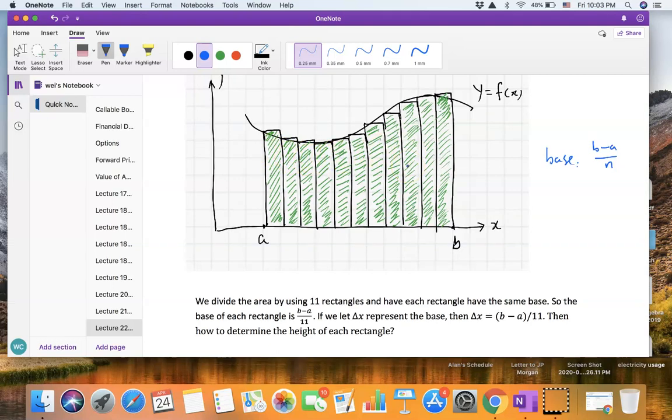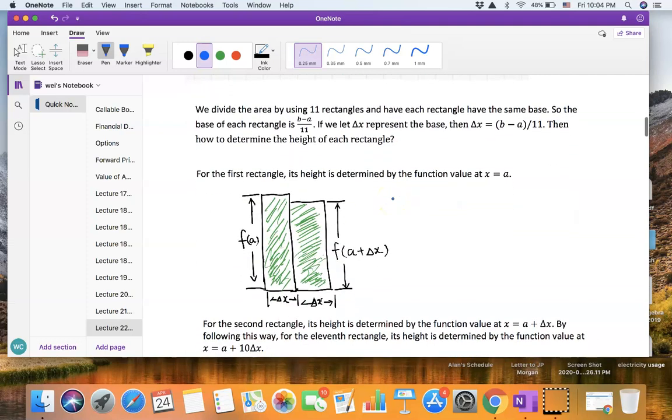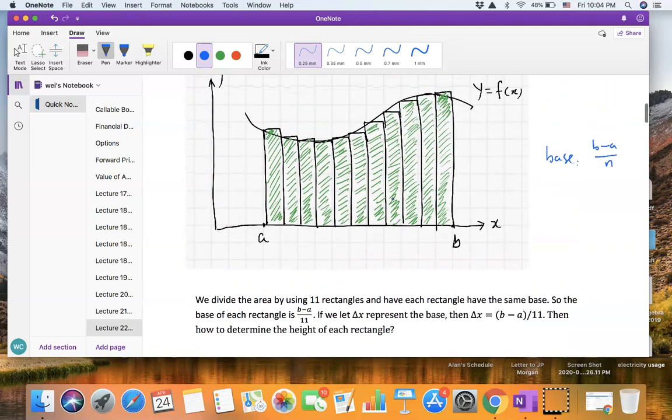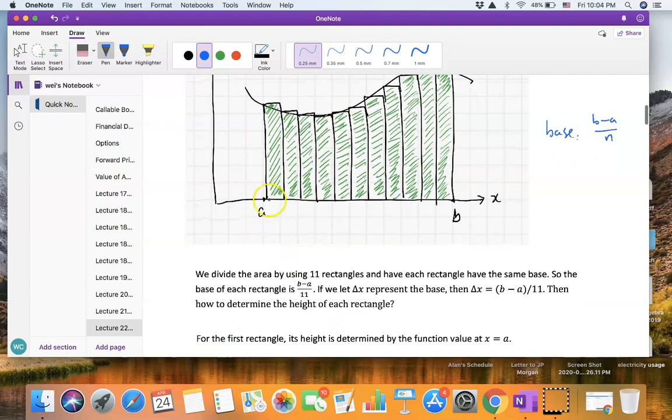How do we determine the height of each rectangle? We use the function value to determine the height of each rectangle. Say, for the first rectangle, I use the function value at this point a to determine its height.